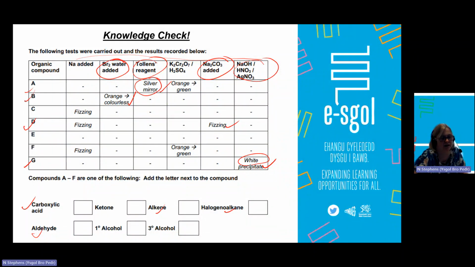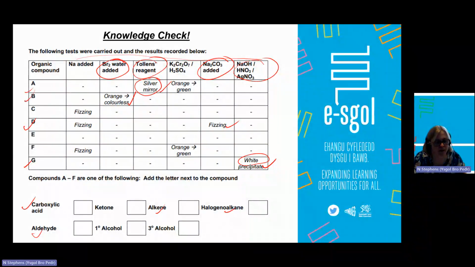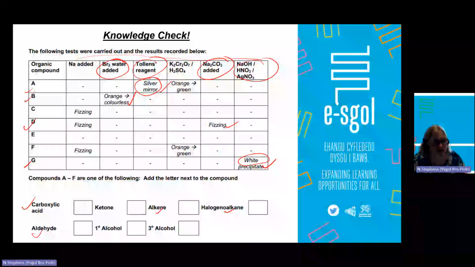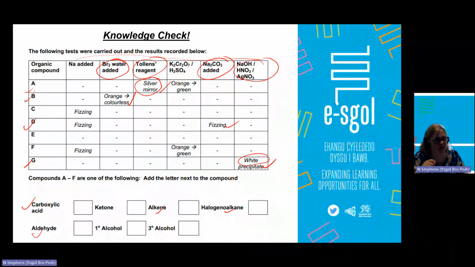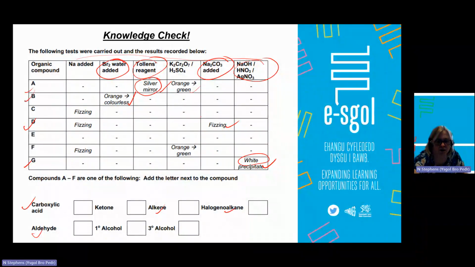Okay, well, if you look at the sodium being added, then we know that that is possible for primary and secondary alcohols, as well as the carboxylic acid. We've identified that already. So if you continue by process of elimination, and the fact that we've got oxidation here and oxidation here means that it can't be the ketone.